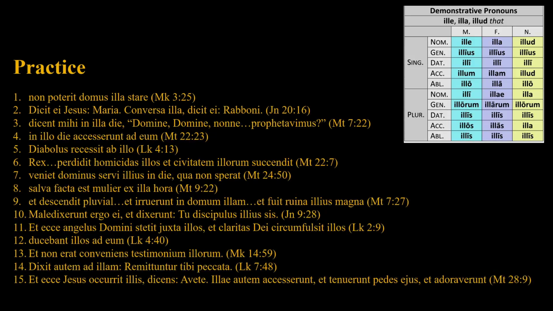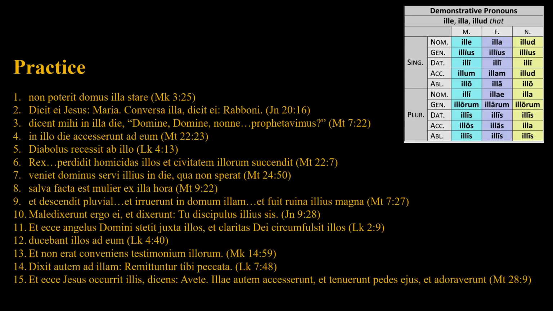Okay, number 7. Veniet, will come, Dominus servi illius, the Lord of that servant. So servi illius, of that servant. Okay, the Lord of that servant, veniet, will come. In die qua non sperat.